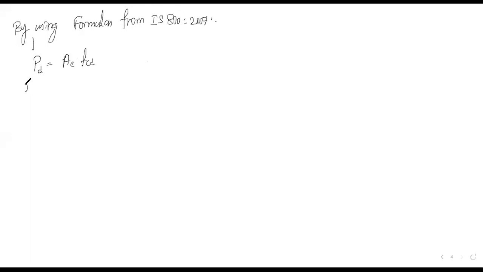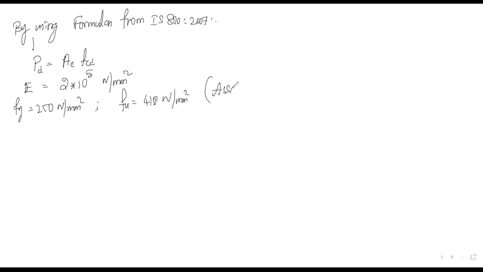Now E, we can take it as steel structures, so we can take it as 2 into 10 to the power 5 Newton per mm square. Fy is equal to 250 Newton per mm square, and Fu is equal to 410 Newton per mm square. So these values have been assumed values.